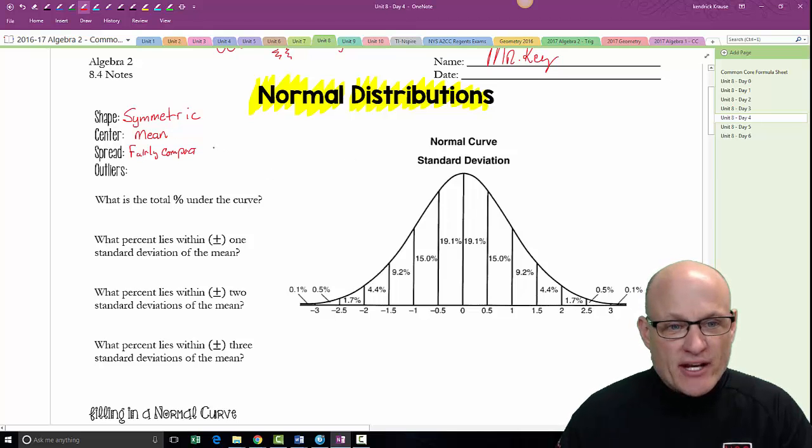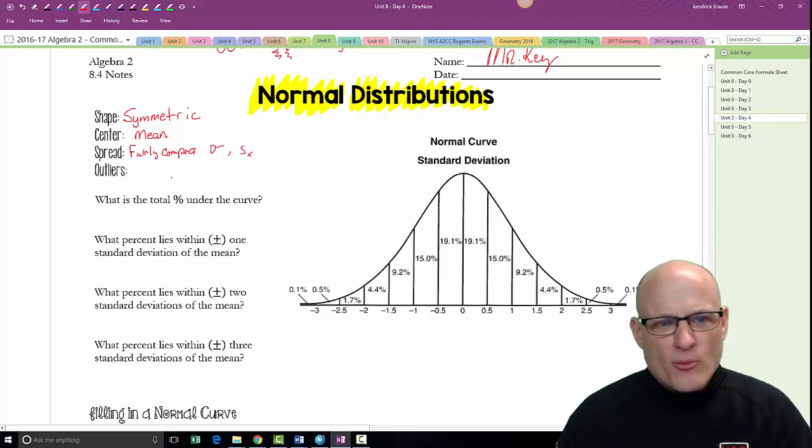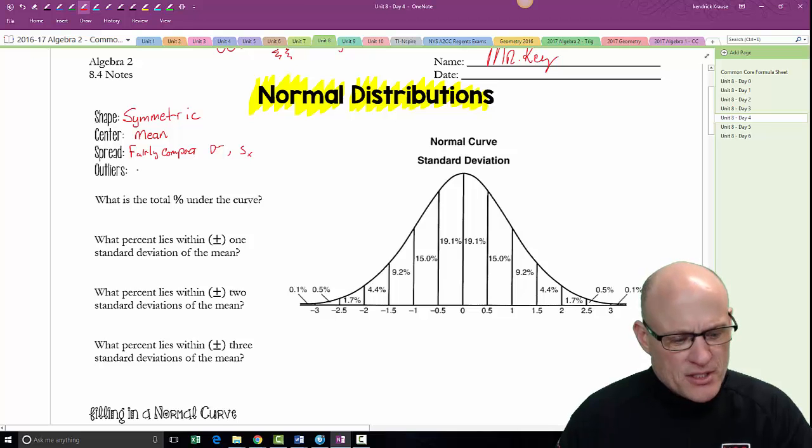The spread is fairly compact, and we'll use the standard deviation for that. So either use the population standard deviation or the sample standard deviation. And outliers, generally I guess outliers for a normal distribution would be, let's say, outside of about 2.5 standard deviations.